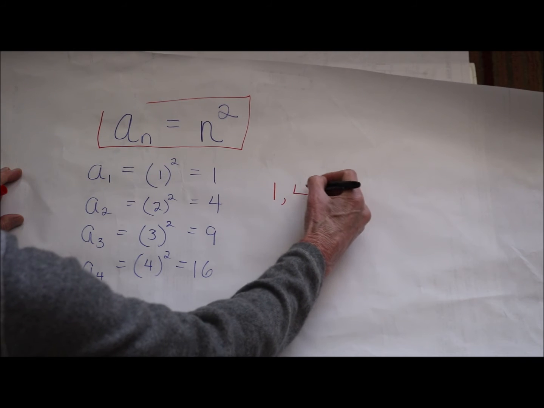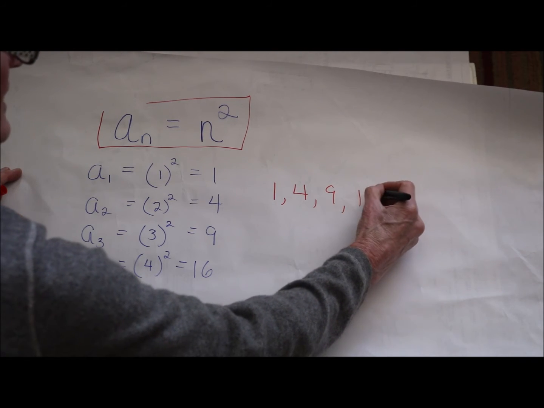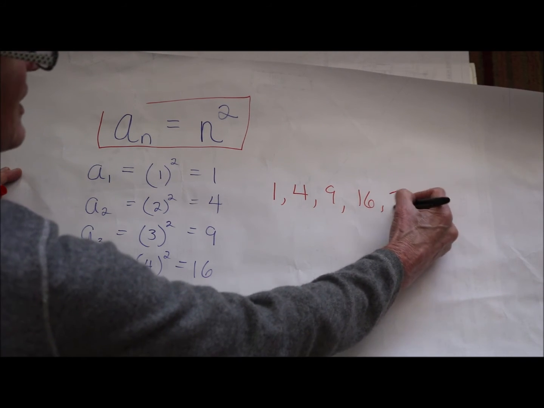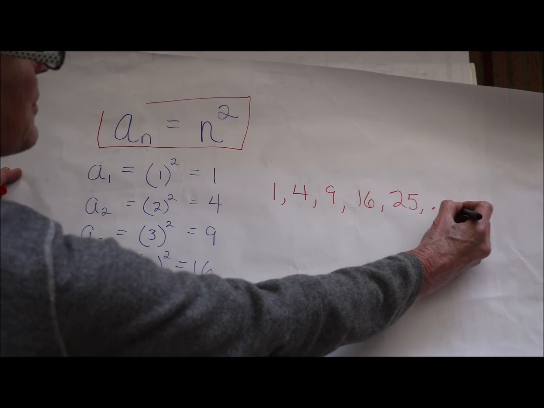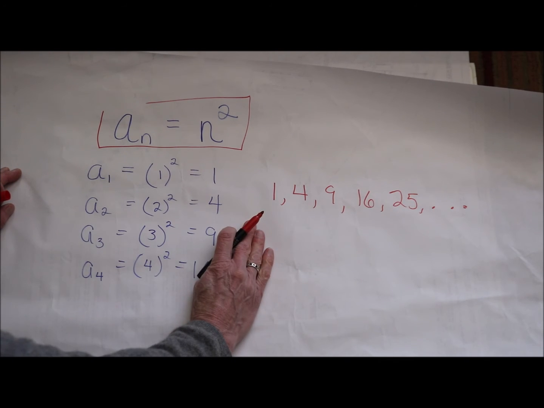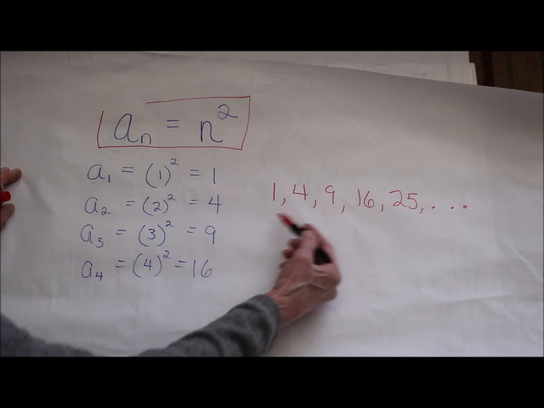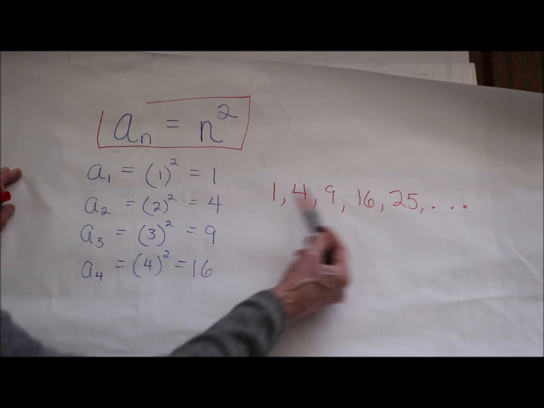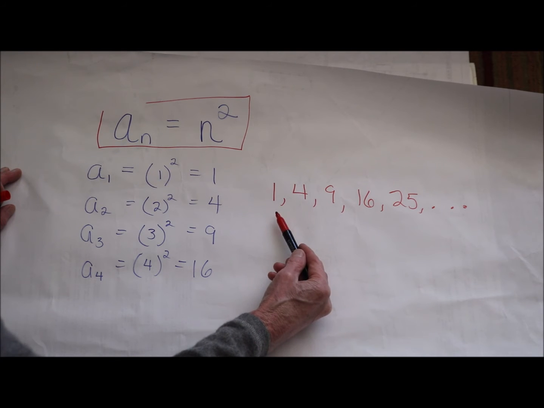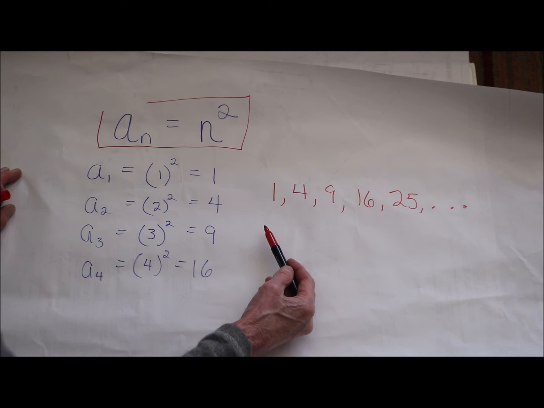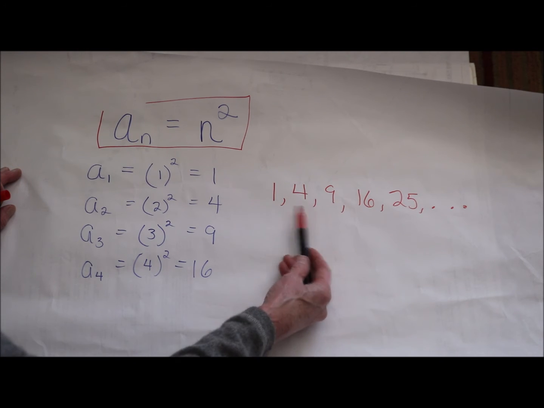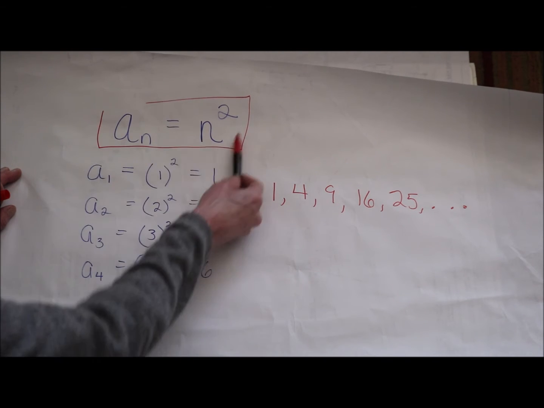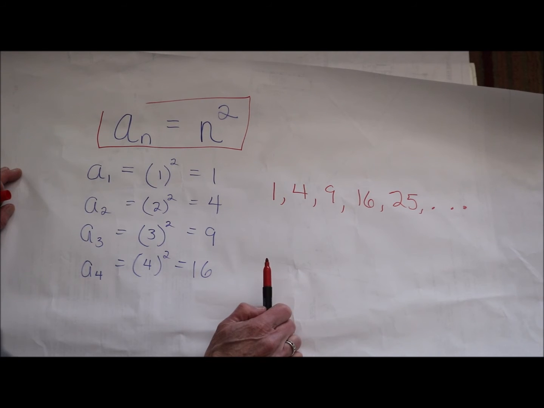1, 4, 9, 16. What's going to come next? Sure, 25. These are our perfect squares. Is this geometric? No, it's not, because I'm not multiplying by the same number each time. Is it arithmetic? No, it's not arithmetic, because I'm not adding the same thing. This is another sequence, but it definitely has a pattern, and this explicit equation generated that sequence.